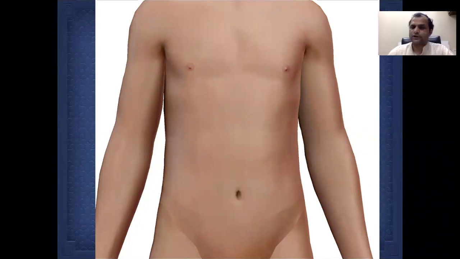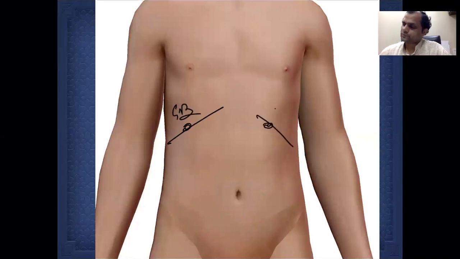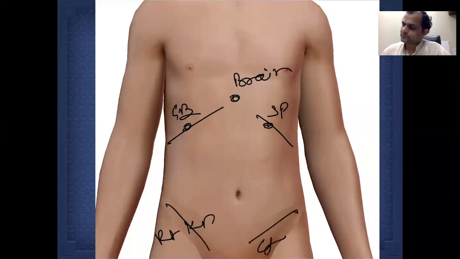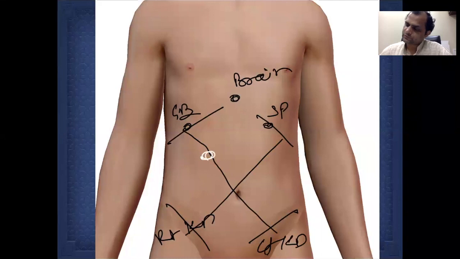So let's finally summarize all the things. Gallbladder, spleen, brain, right kidney, left kidney, making 4 lines. Lung, liver, small intestine, large intestine.